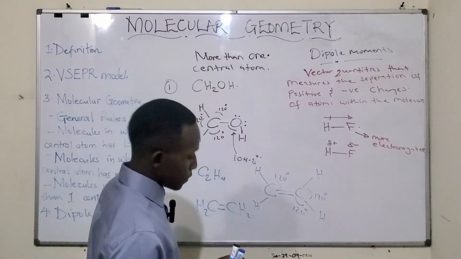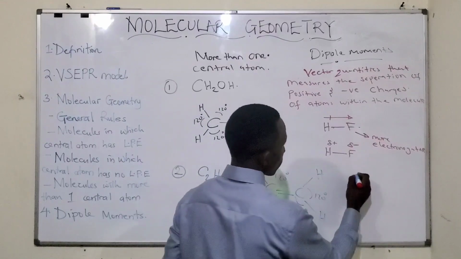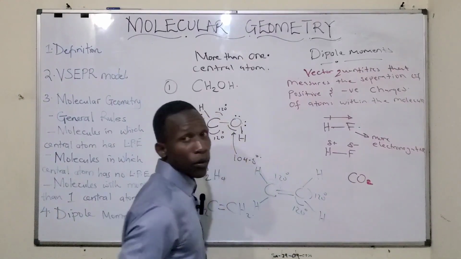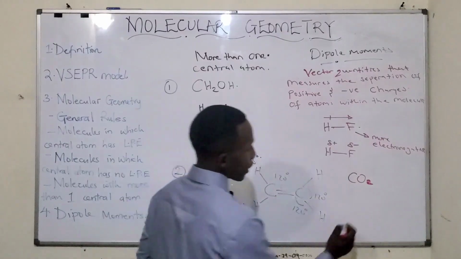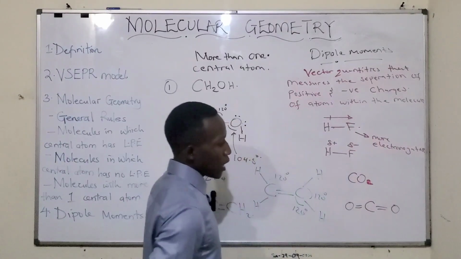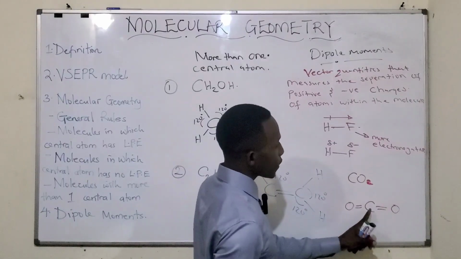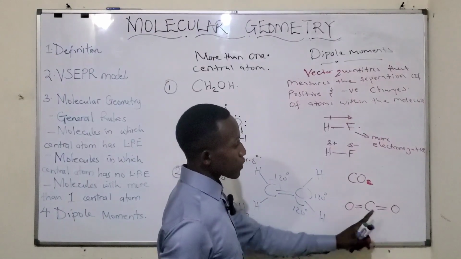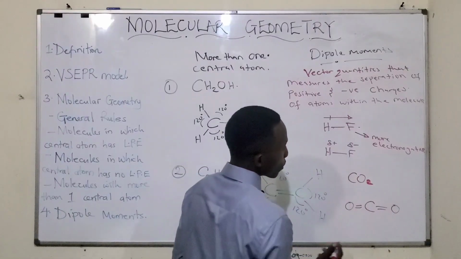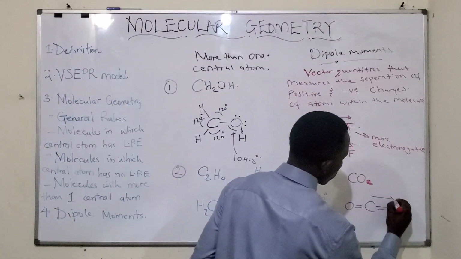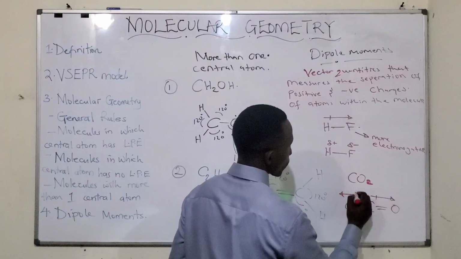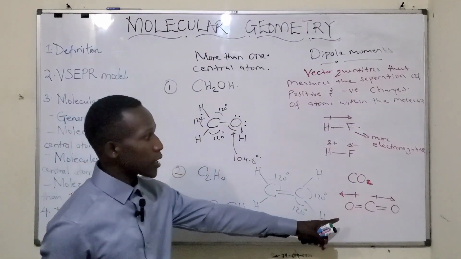Another example, for example, carbon dioxide. Let's see whether it has a dipole moment. Carbon is attached to two oxygen atoms, and oxygen is more electronegative than carbon. This oxygen will pull towards this side, and this one will pull towards this side.